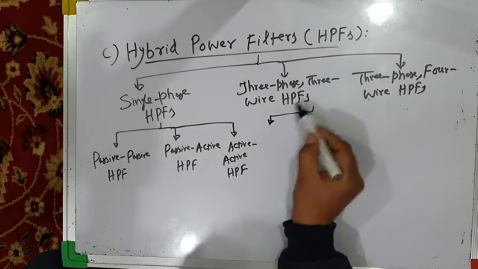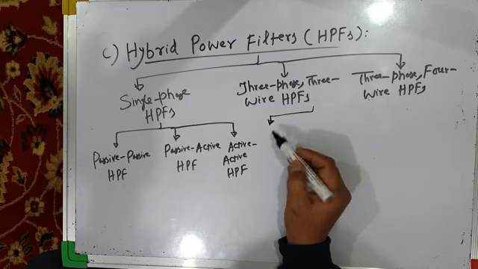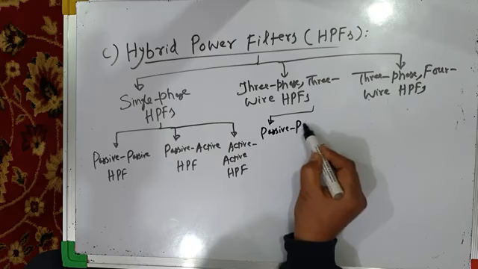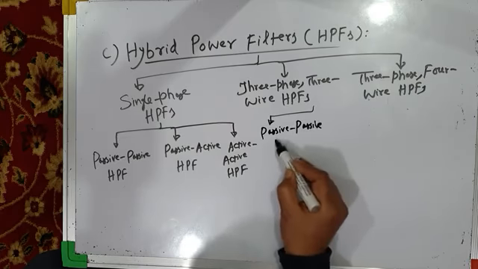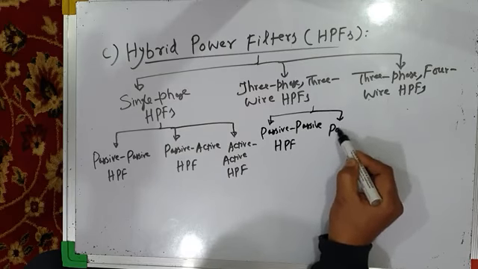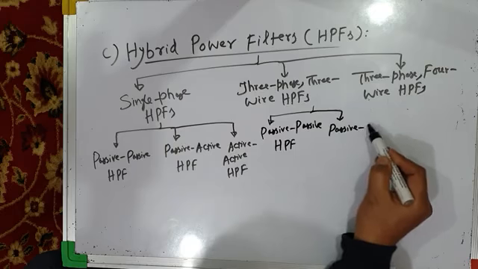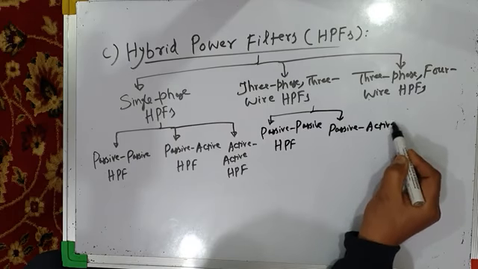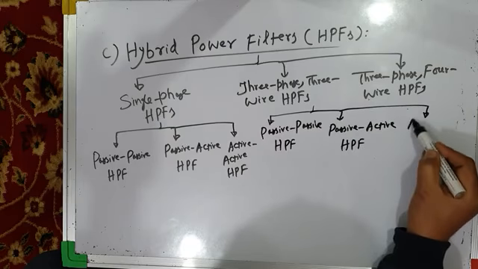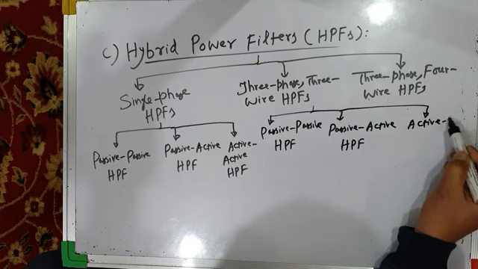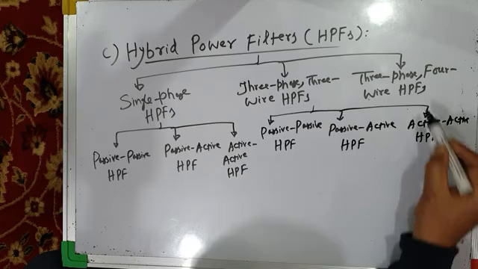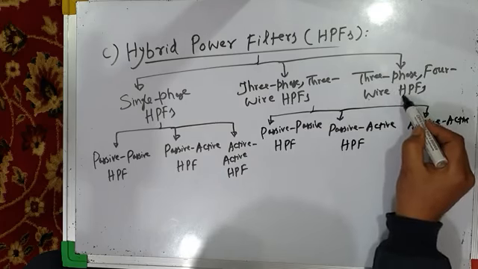Similarly, for three phase three wire, we may have the passive dash passive hybrid power filter, passive dash active hybrid power filter, and active dash active hybrid power filter. Same is the case with three phase four wire.